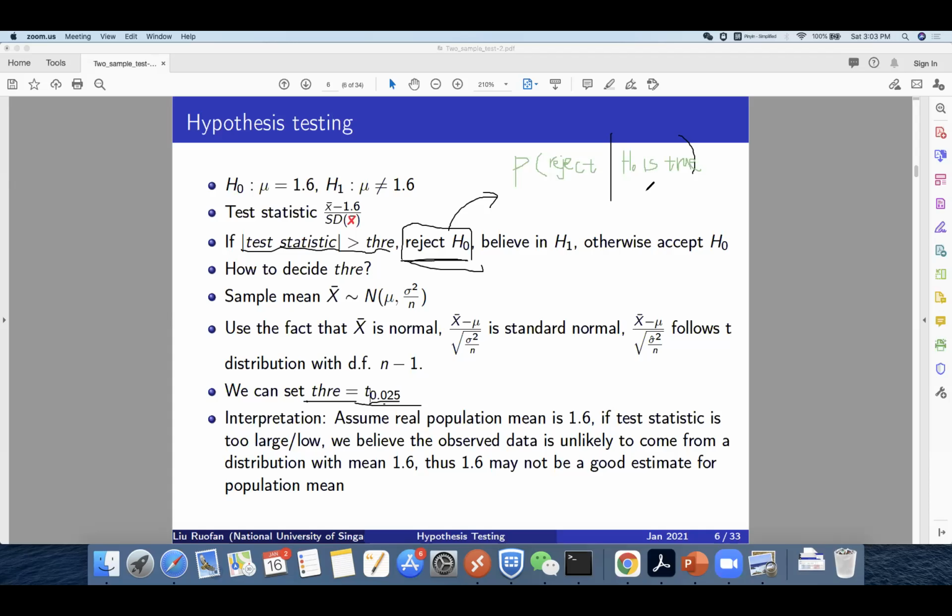So I know the probability of rejection is 0.05. Yeah, actually this is just 0.05 because when we are doing the test, we assume that the population mean is 1.6. So when we are doing the test, we actually have this condition inside.